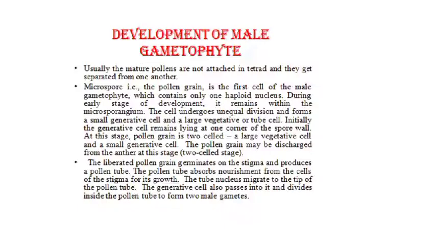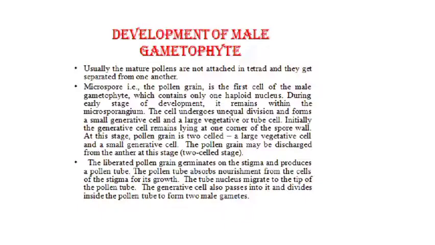The cell undergoes unequal division and forms a small generative cell and a large vegetative cell or tube cell. Initially, the generative cell lies at one corner of the spore wall. At this stage, the pollen grain is two-celled: a large vegetative cell and a small generative cell.